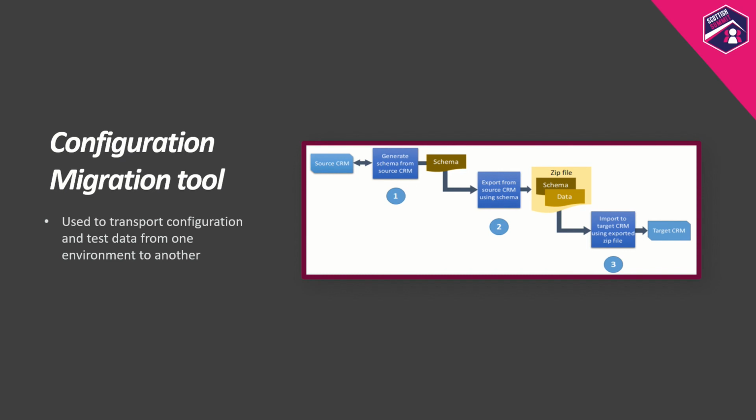But you can for sure use the Configuration Migration Tool. You just need to specify the entities that you need to include, export your data, and then import it again in your target environment. So this tool is also helpful when you want to deliver your configuration from your dev instance into your testing instance.